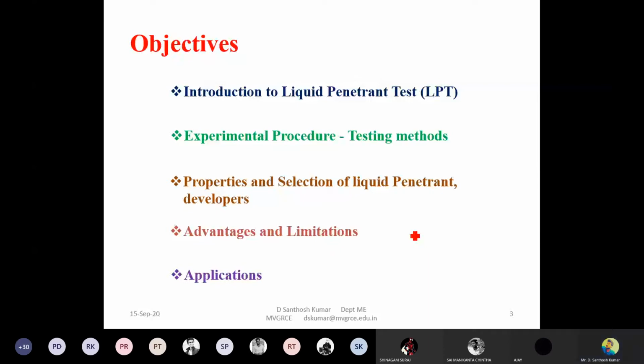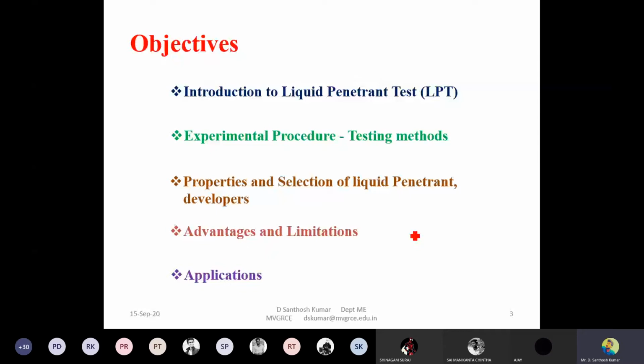These two properties or process parameters will help you detect surface cracks. With the help of these two principles, you apply them on any kind of discontinuities, and you can easily detect those discontinuities, flaws, or defects. But you need the principles, so how the principles work is what we are trying to learn in today's session.